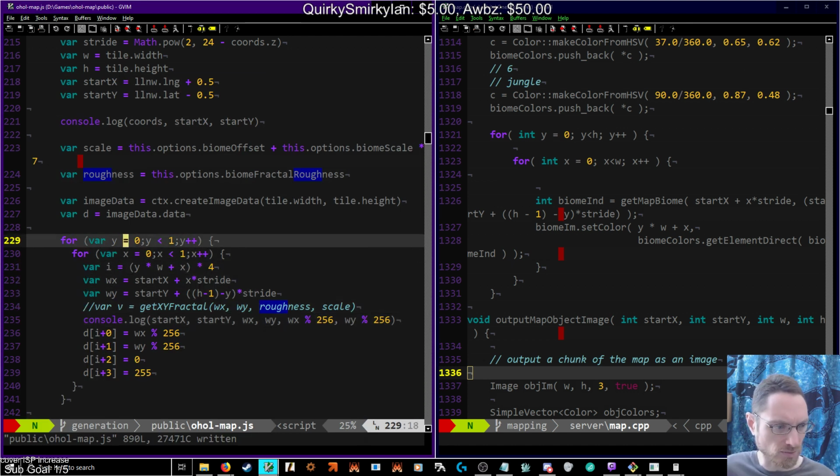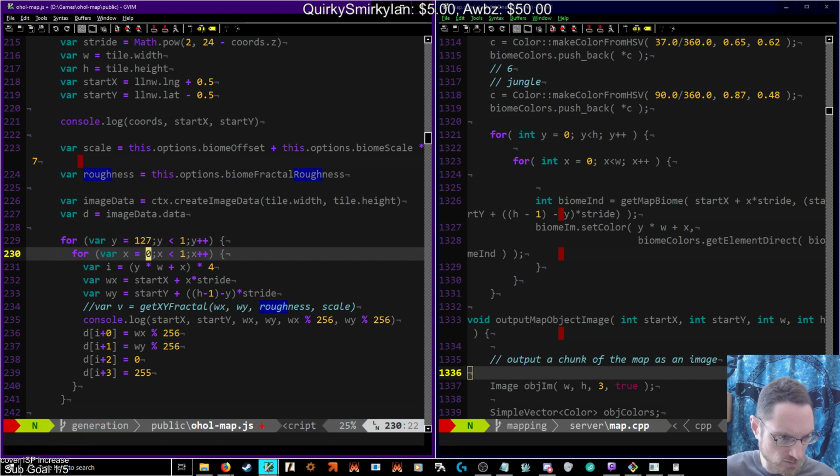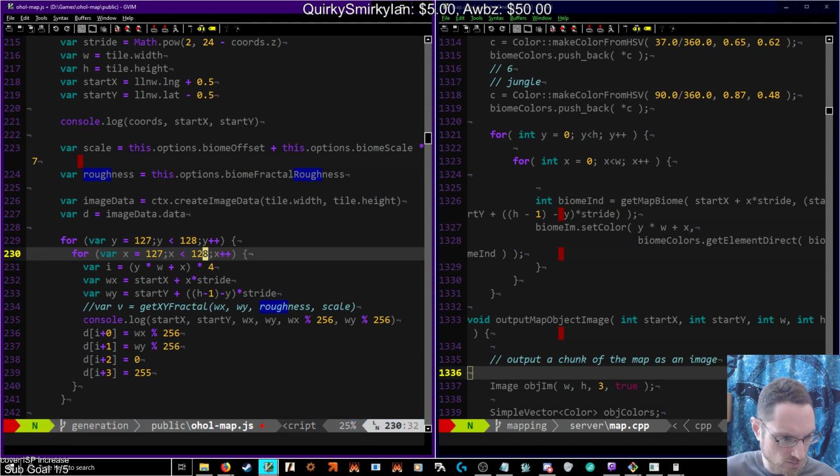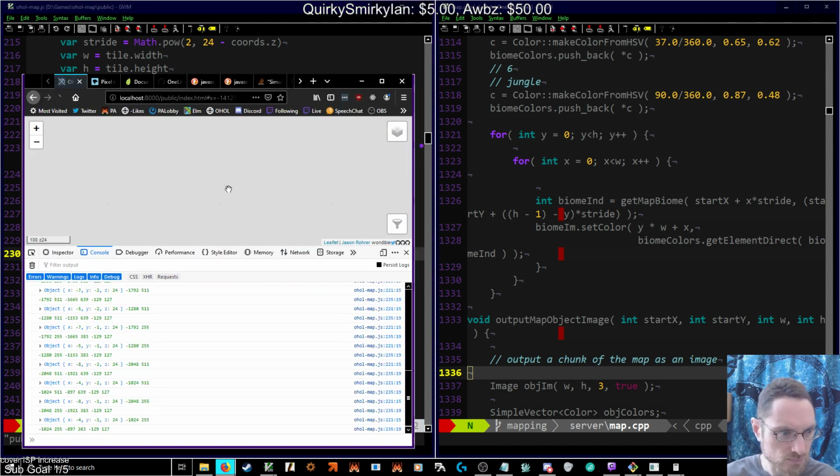Okay, so now we need to be looking at middle values. 127, 127, 128. So that seems correct.